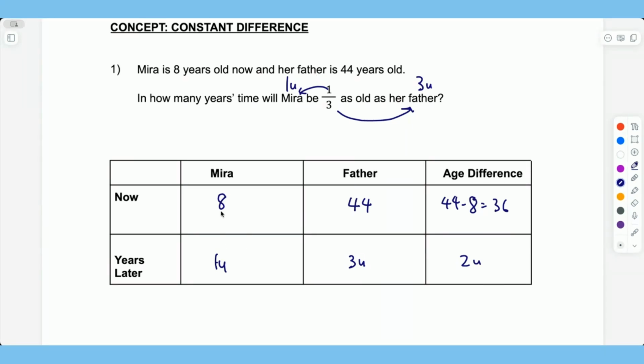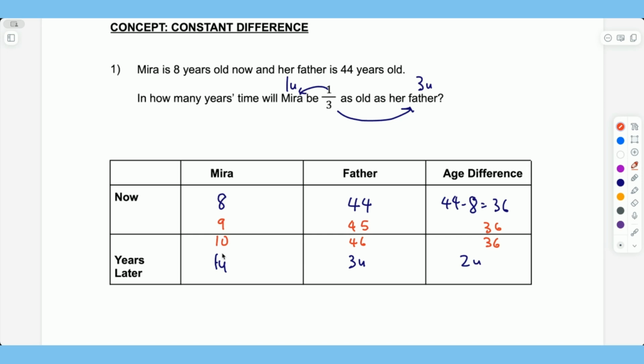So if Myra is 8 years old and the father is 44 years old, their difference is 36. Now, suppose a year later, Myra is 9 years old and the father is 45 years old. Their difference will still be 36. And suppose 2 years later, when Myra is 10 years old and her father is 46 years old, their difference will still be 36, and so on.